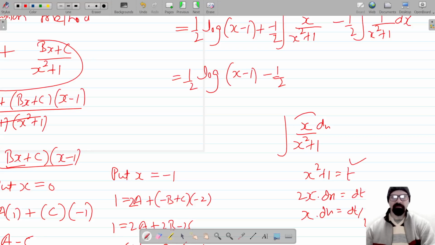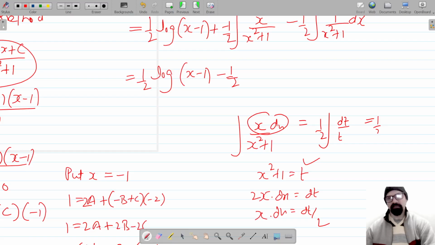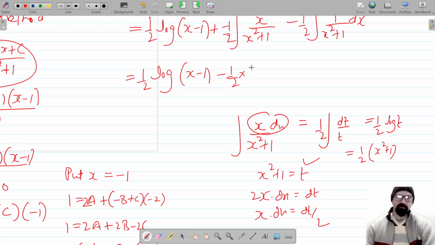So this becomes half dt by t, which is half log t. And t is x squared plus 1. So this is half log of x squared plus 1, minus half.